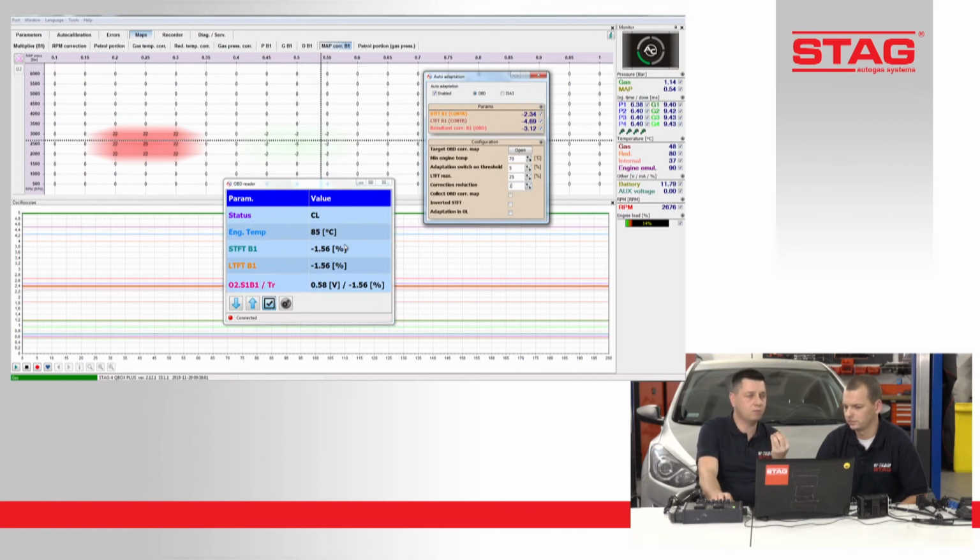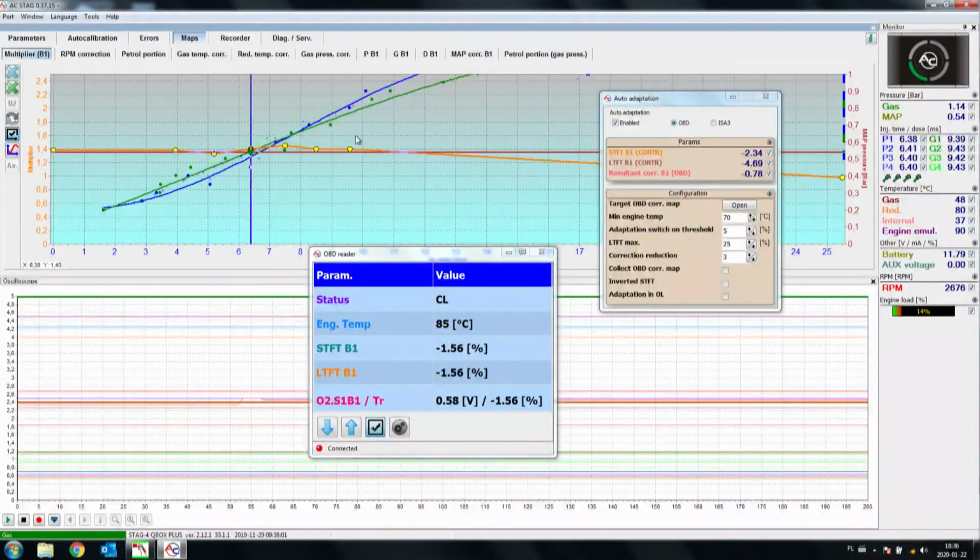Those values are strange for our controller, Cubox controller. So you can make the correction reduction, yes, to have the values closer to the normal one. Okay.